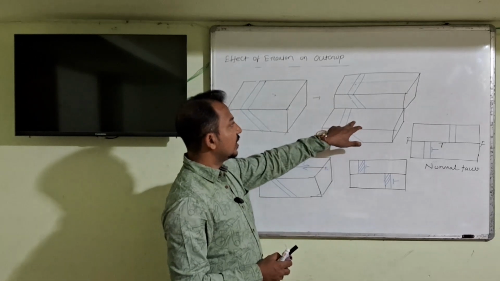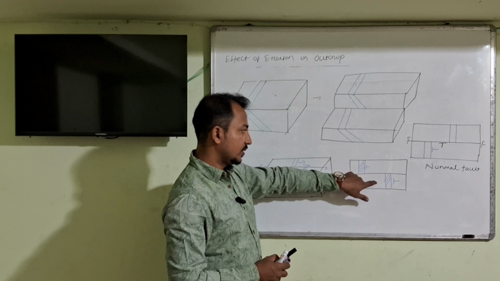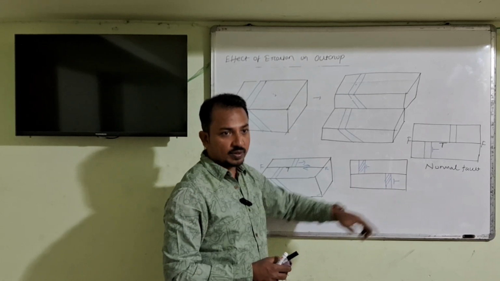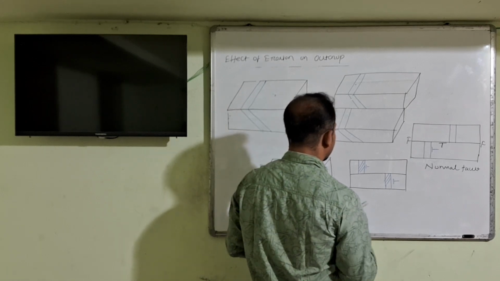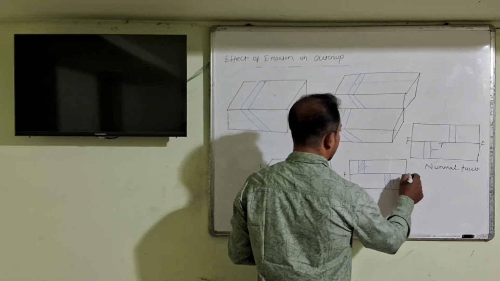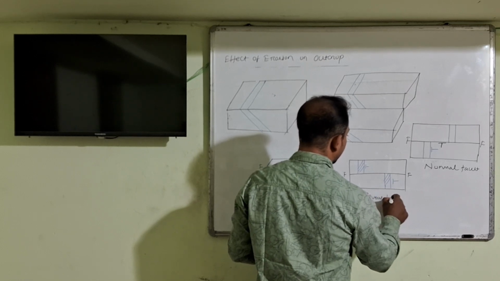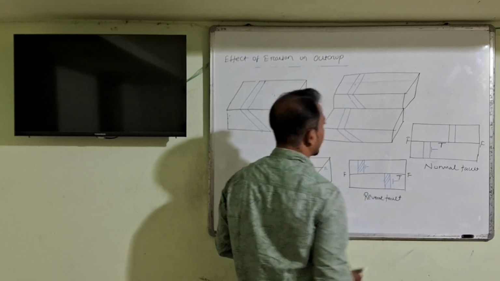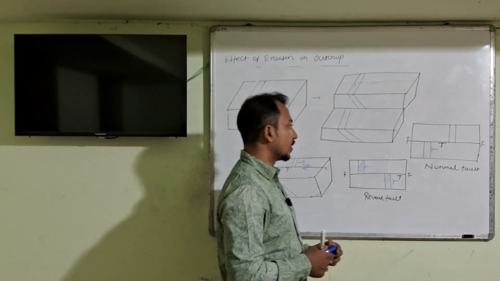If it is a reverse fault, then this side outcrop will move or advance in the dipping direction. So it will be a reverse fault, providing the condition that the fault plane dips towards the upthrown block.